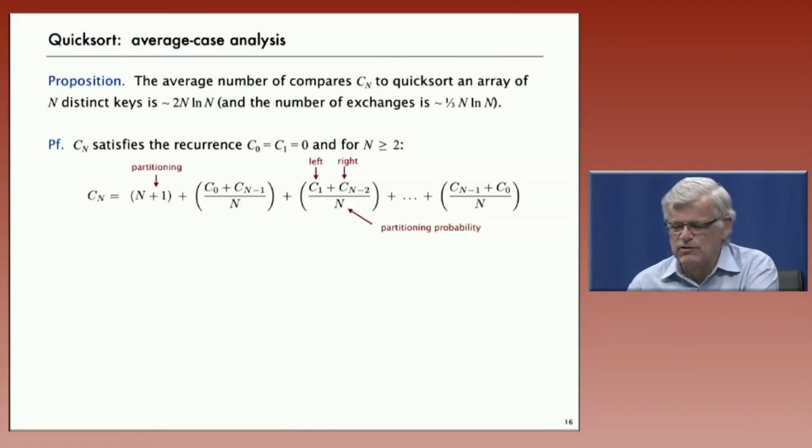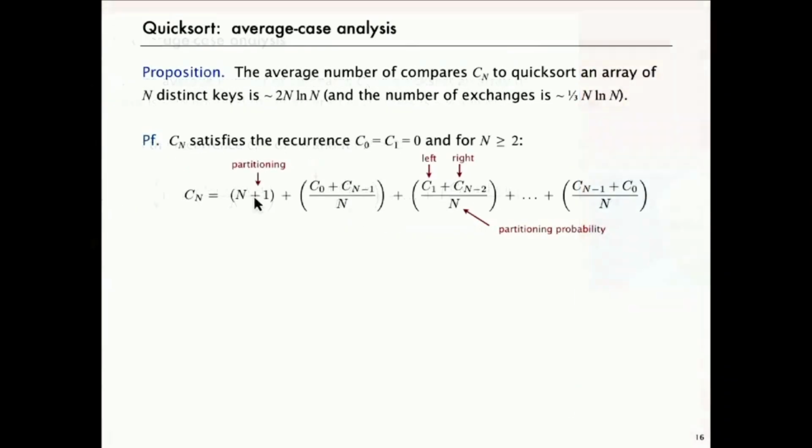In the case of QuickSort, the number of comparisons taken to sort n items is n plus 1 for the partitioning, plus what happens next depends on what the partitioning element was. If the partitioning element is k, any particular value happens with probability 1 over n.